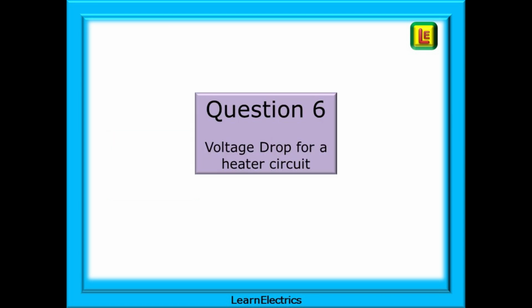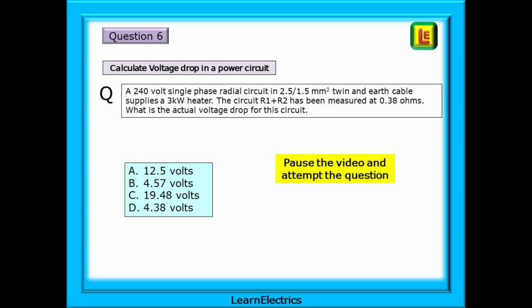And on to question 6. This is about voltage drop in a heater circuit and will involve some extra calculations just for practice. If you can do these, you'll have no problems in the exam. A 240 volt single phase radial circuit in 2.5 by 1.5 square millimeter twin and earth cable supplies a 3 kilowatt heater.